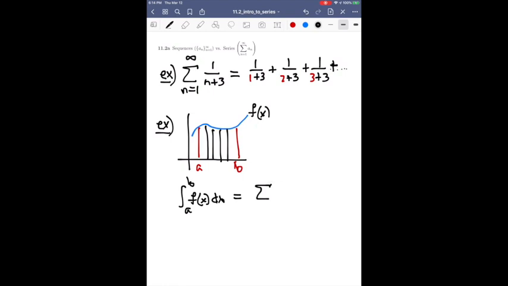In this case, it looks like there are 1, 2, 3, 4, 5 different partitions. So say from n equals 1 to 5 of a function value f of x sub n times the thickness of each of those rectangles.